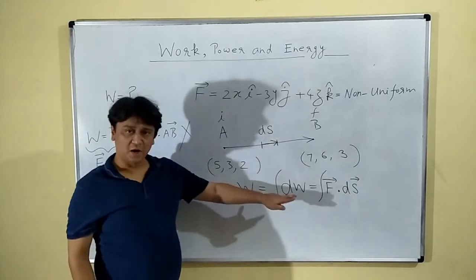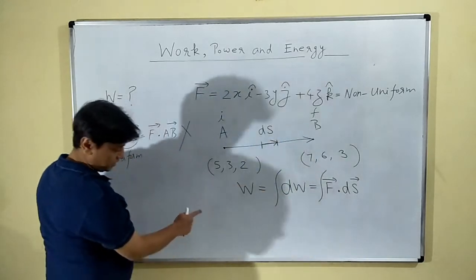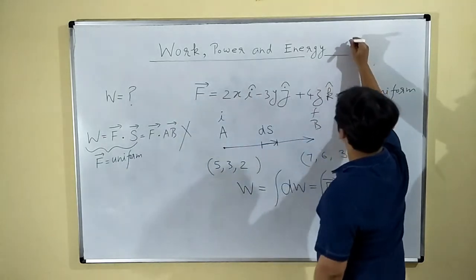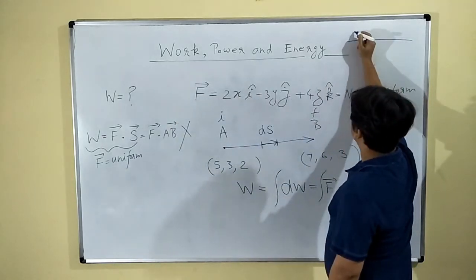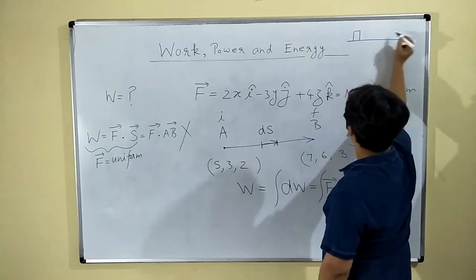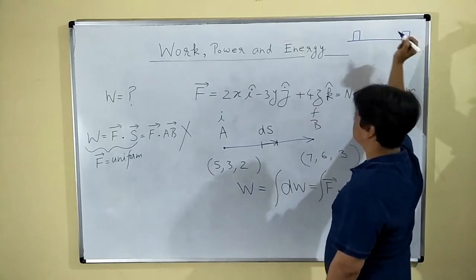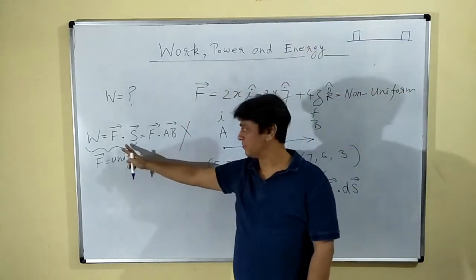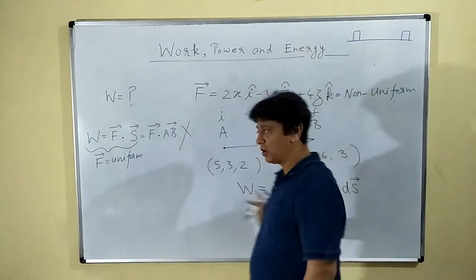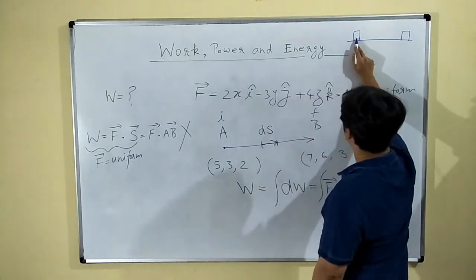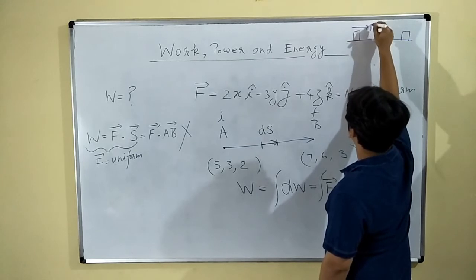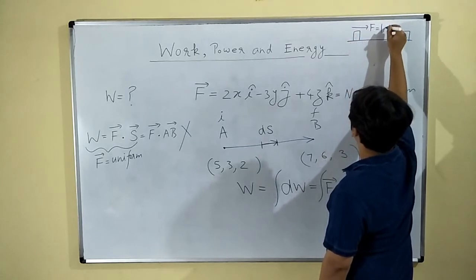Let me explain this part once again with the help of this example. Suppose you're trying to move an object from this position to this position. With the help of this example, you will easily understand the difference between F dot S and F dot ds. You're trying to move an object from this position to this position, and force applied is 10.